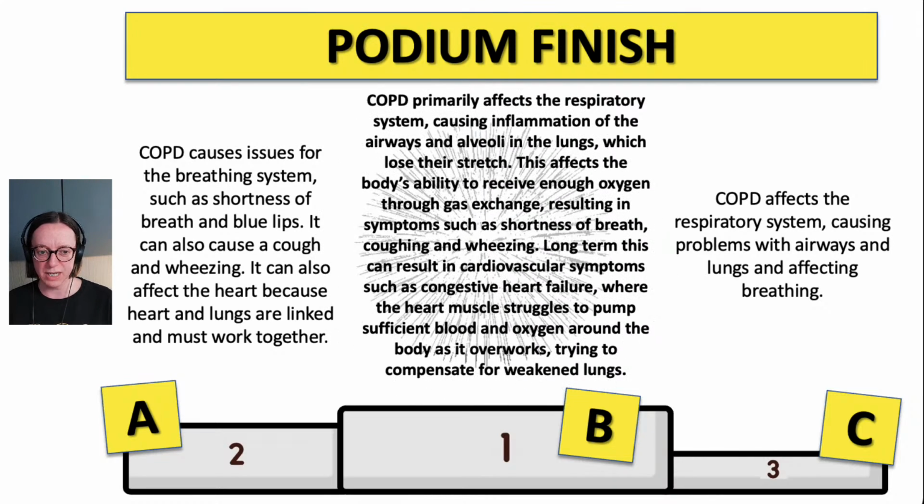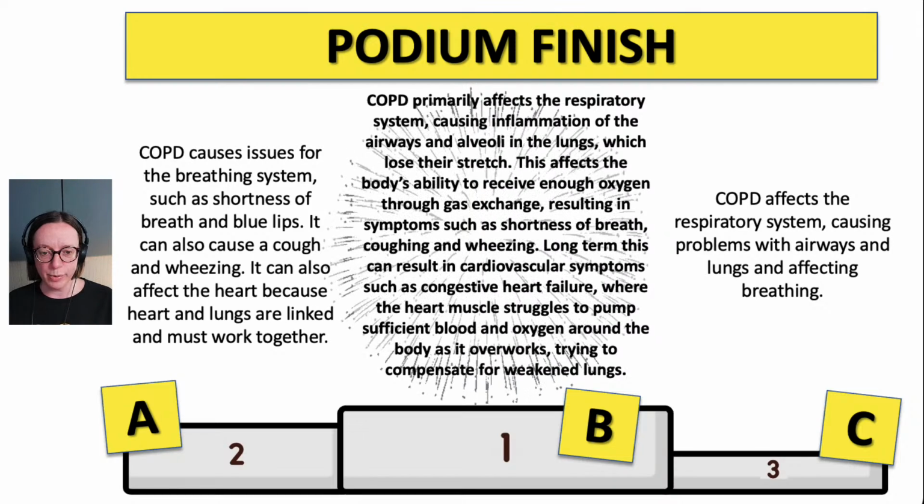Yep, Radzy says more depth in the explanation, yeah. And then this student has thought, hang on a minute, I need to talk about multiple body systems here. So then they talk about how it affects the cardiovascular system, and they make a really nice link there between how COPD, which is primarily respiratory, so how everything that's going on with COPD can then affect the heart. So that's a brilliant response.